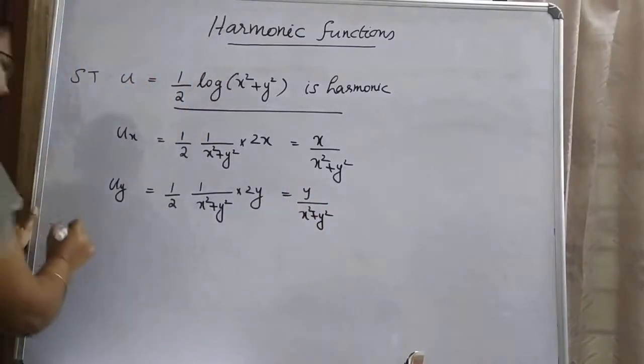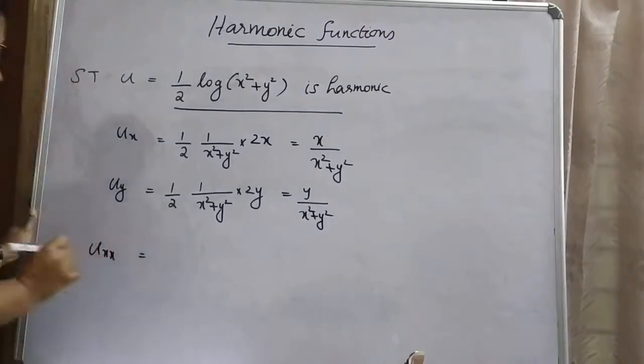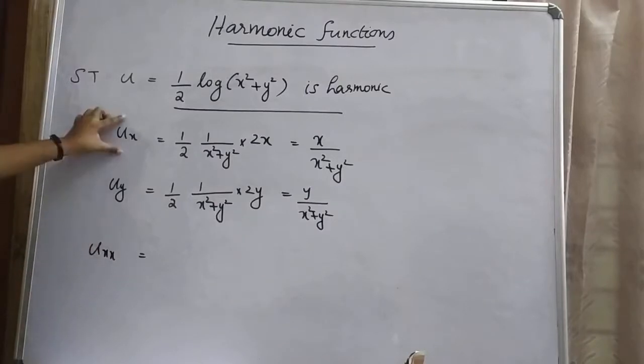Now we have to find uxx. Uxx is ∂²u/∂x², which is the partial derivative of ux with respect to x.